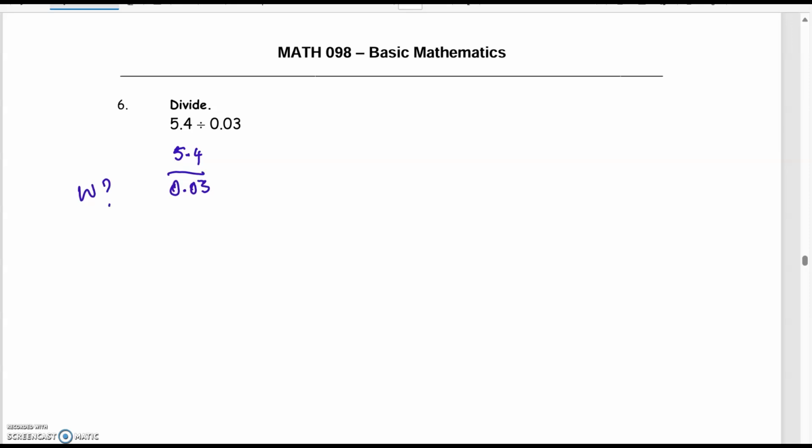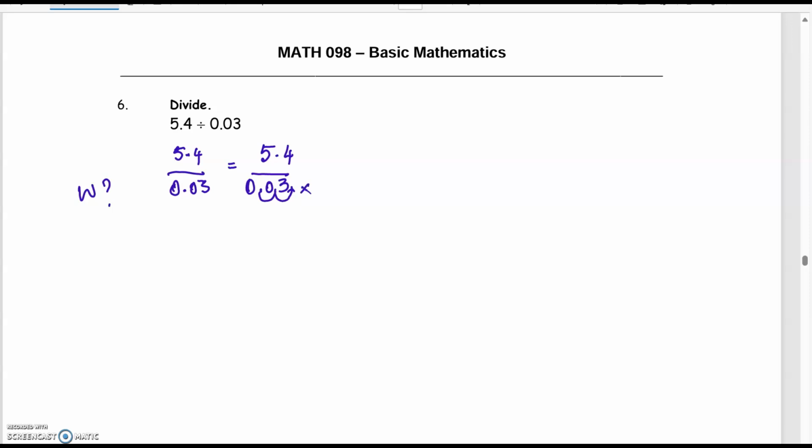And the answer is no. So what we'll do is try to change it to a whole number without changing the meaning of the fraction. So this would become a whole number in the denominator if I shifted the decimal point 2 places to the right. That's my thought. But how do I do it?